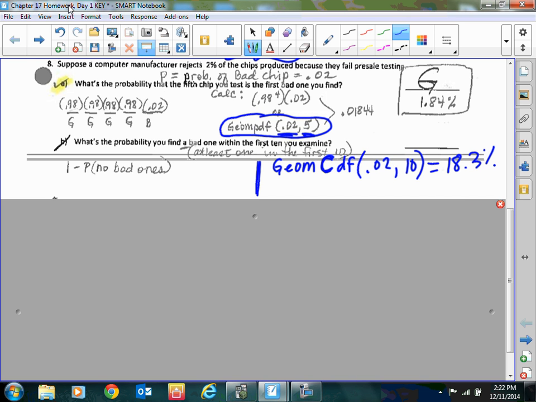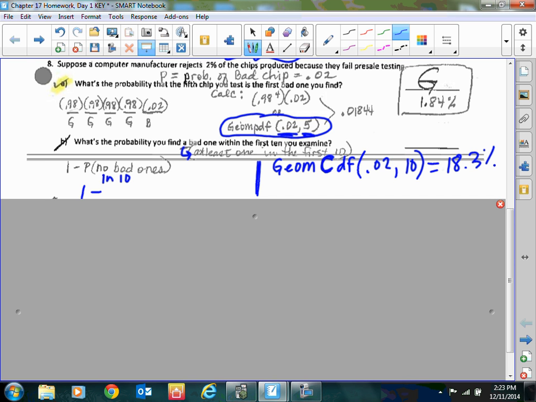If you find a bad one, that is really saying you find at least one bad one in there. And if you are finding at least one bad one, then that is 1 minus no bad ones in the 10. So if none of the 10 are bad, then what does that mean they all are?